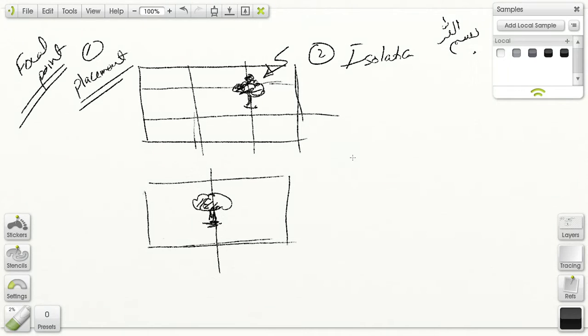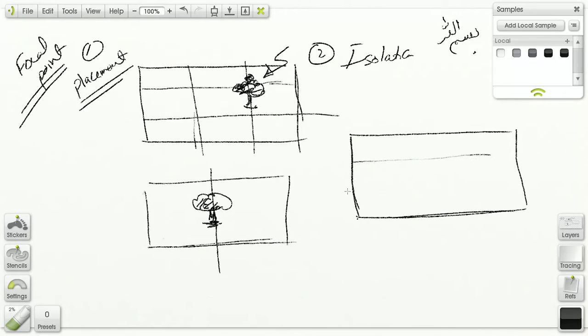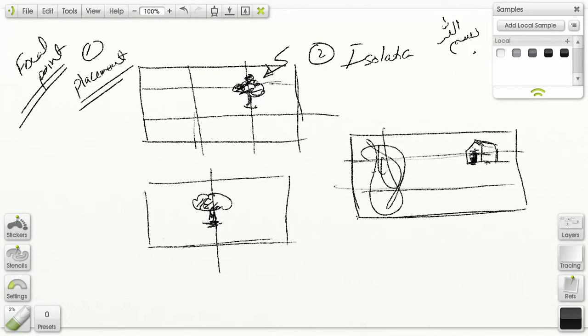In other words, if you want something to stand out, you put it all by itself, and there could be everything over here, but that would still be the focal point because it stands out by being all by itself.